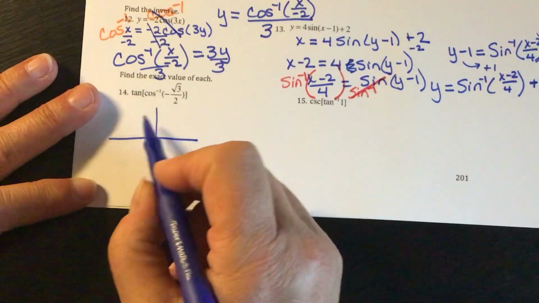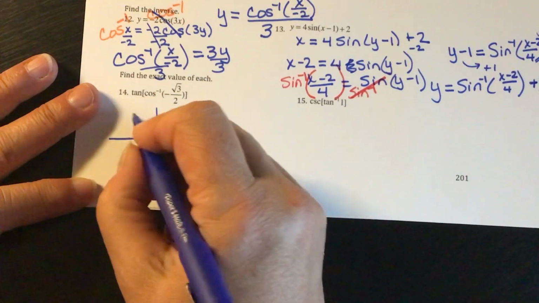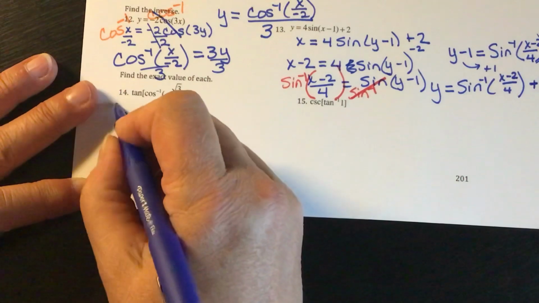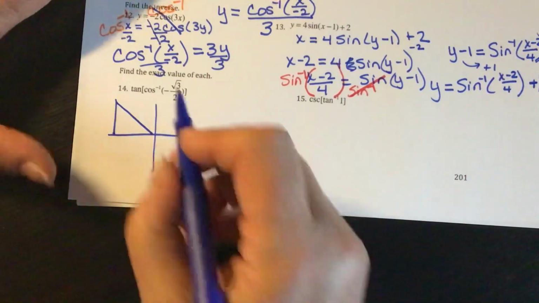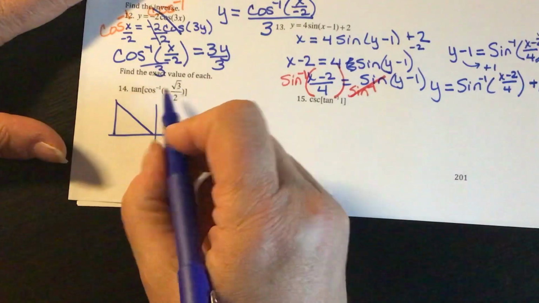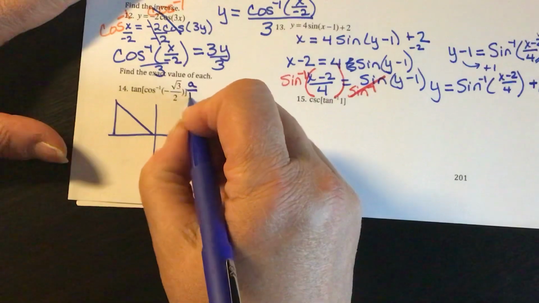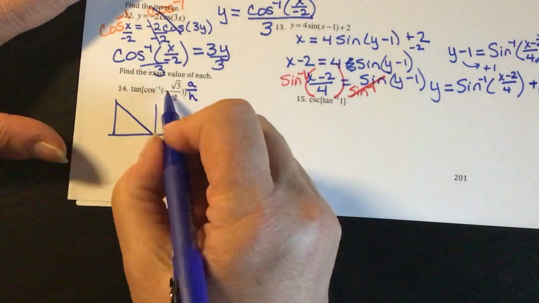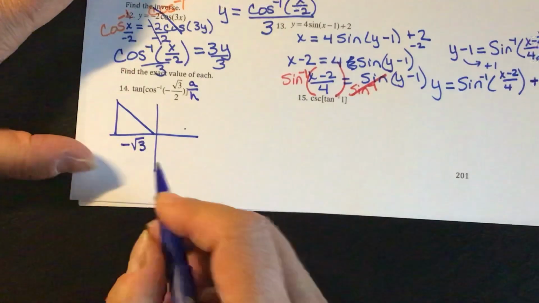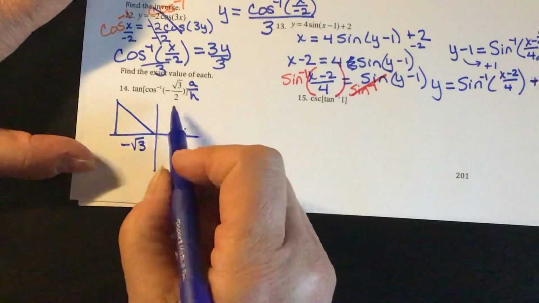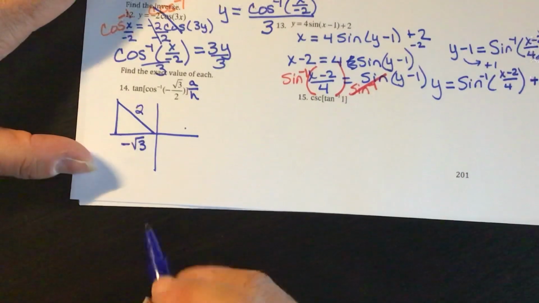Cosine has to be in the first or second quadrant, and because the cosine is negative, I know it's going to be in quadrant 2. I also know that cosine is adjacent over hypotenuse. So negative square root of 3 is the adjacent side. The hypotenuse is 2. The hypotenuse is always positive.